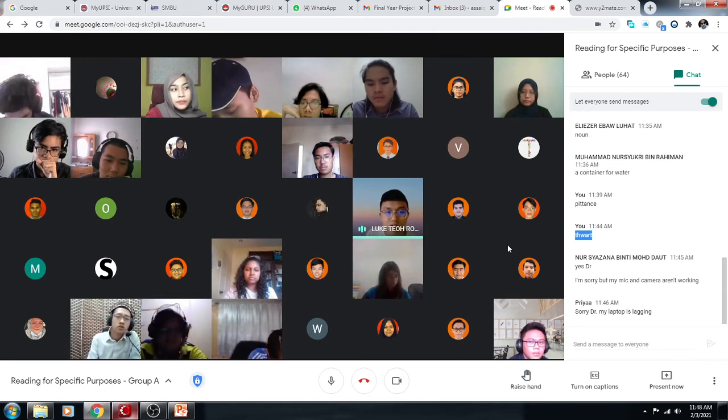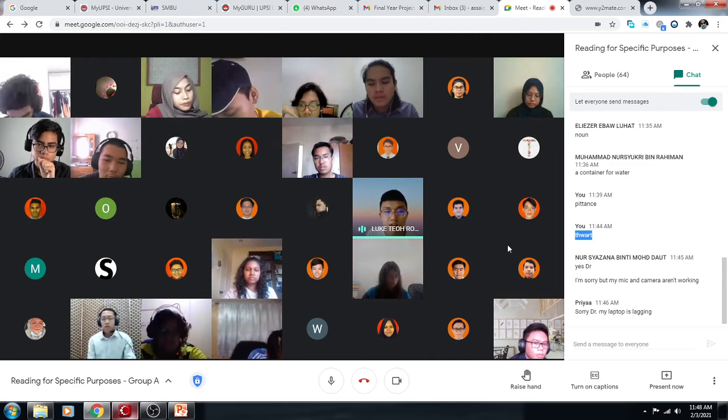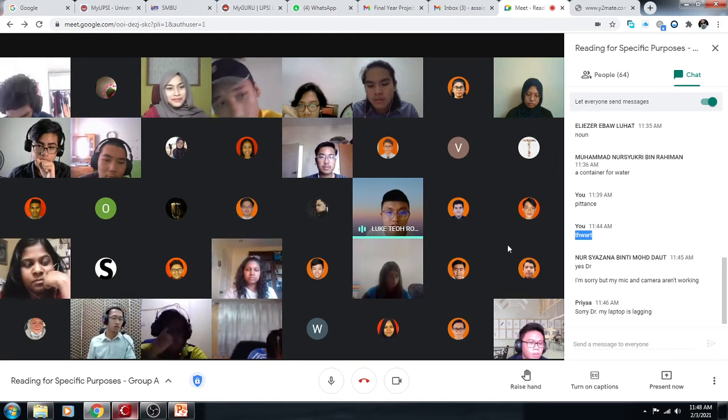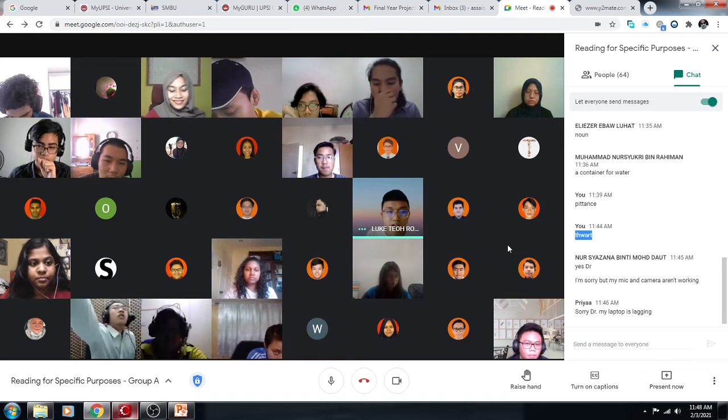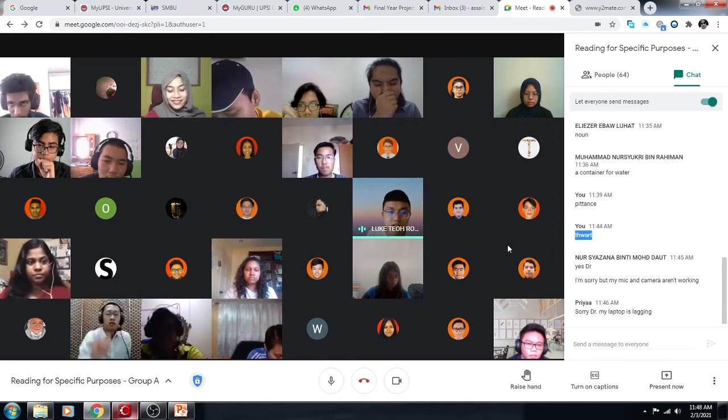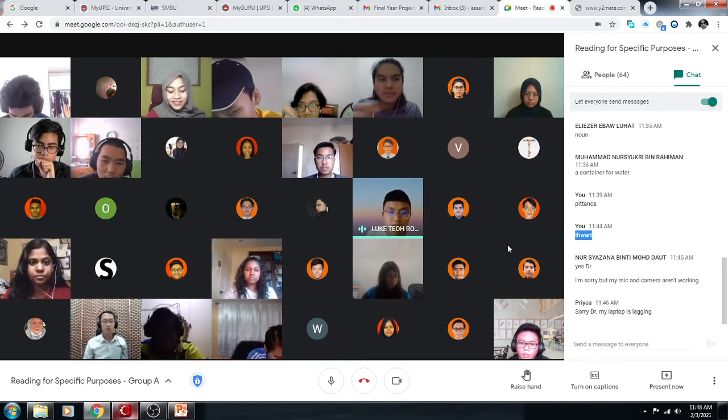Number 4, look to see if the word or phrase is repeated in the passage. Number 5, look for synonyms or opposites. Number 6, look for an explanation or definition of the word or phrase, especially in a textbook. Number 7, make an inference about the meaning. And number 8, read the sentence again with your inferred meaning in place of the word or phrase. Does it make sense?